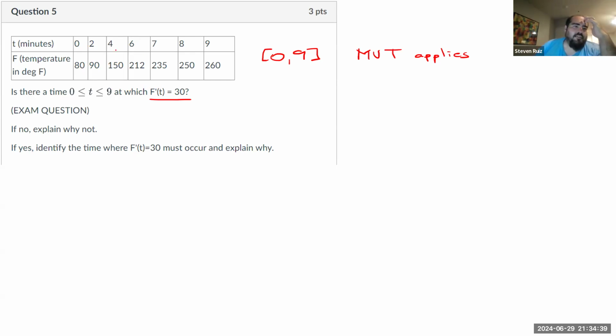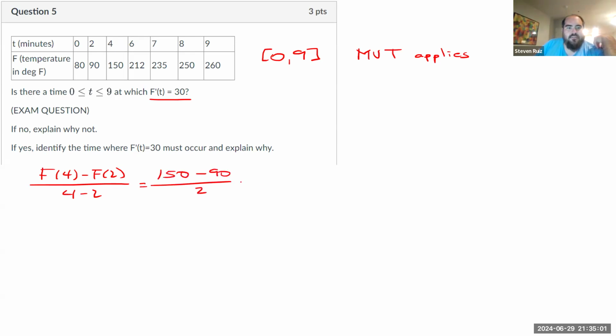So let's keep looking. What about from 2 to 4? That's 2 minutes, and the temperature increased by 60 degrees. So let's write that down. F of 4 minus f of 2 over 4 minus 2 equals 150 minus 90 over 2. 60 over 2, that's 30. The average rate of change over this interval 2 to 4 is 30.